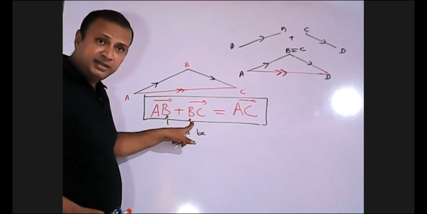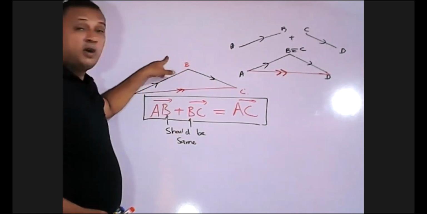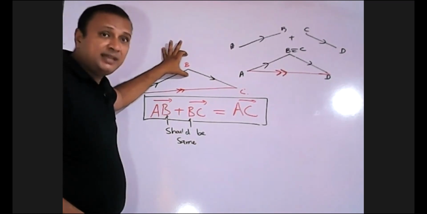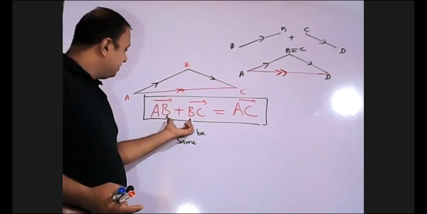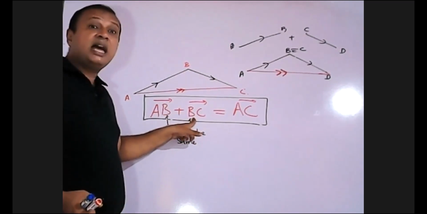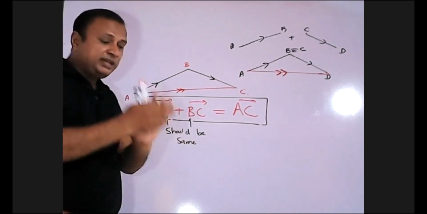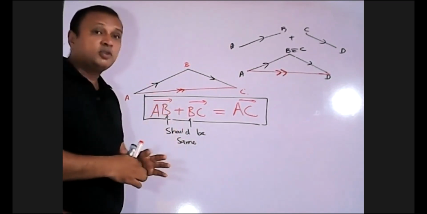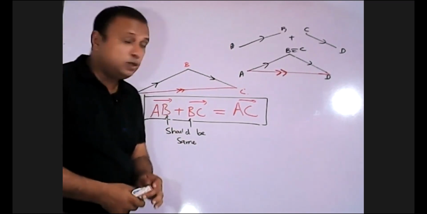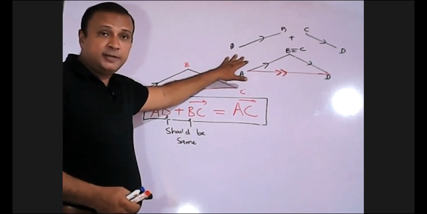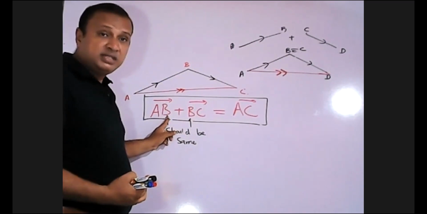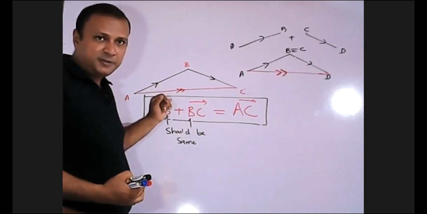Why? What is the reason? Because according to principle of vector addition, I have coincided these 2 points. That's why these 2 points are same. The end point of the first vector and the starting point of the second vector. Because when I am adding two vectors using principle of vector addition, I should overlap the end point of the first vector and the starting point of the second vector.